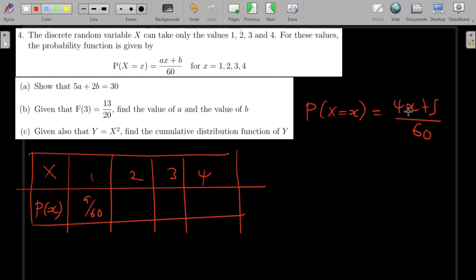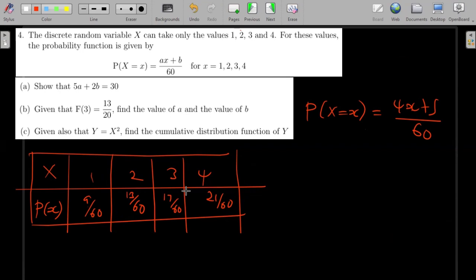If my x is 2, it will be 4 multiplied by 2, which is 8, 8 plus 5, that will be 13 over 60. If it's 3, it will be 12 plus 5, that will be 17 over 60. Then if it is 4, it will be 16 plus 5, that will be 21 over 60. So what I've drawn here is just the probability distribution of x.